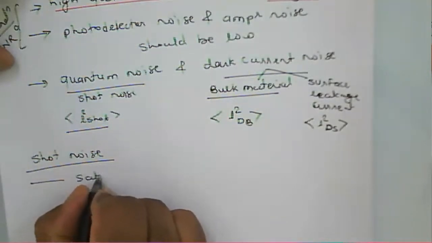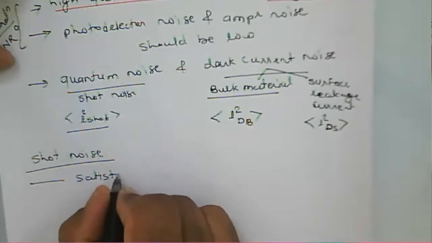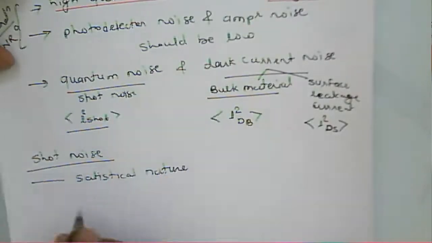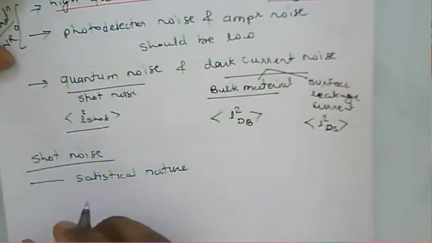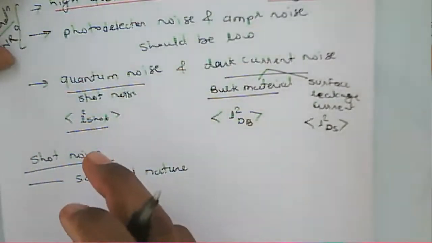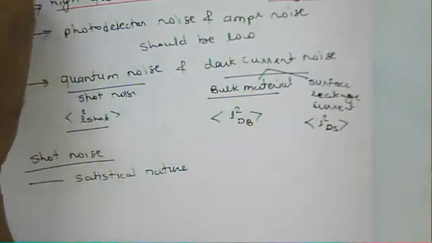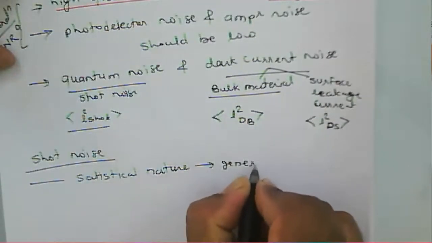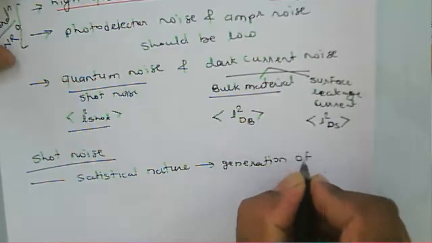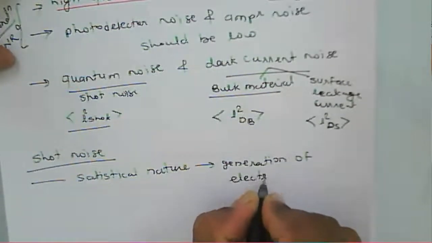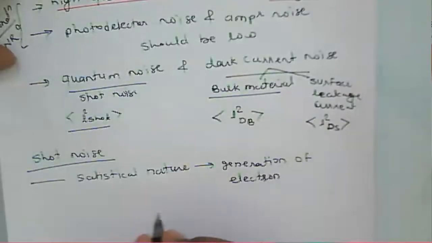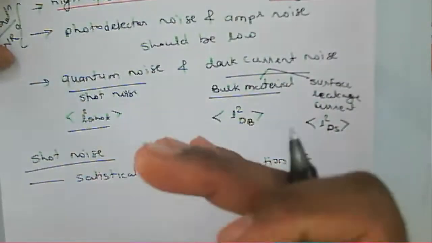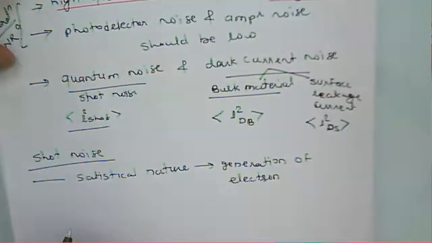That is, the statistical nature of the generation of electrons, when an optical signal falls on this detector.